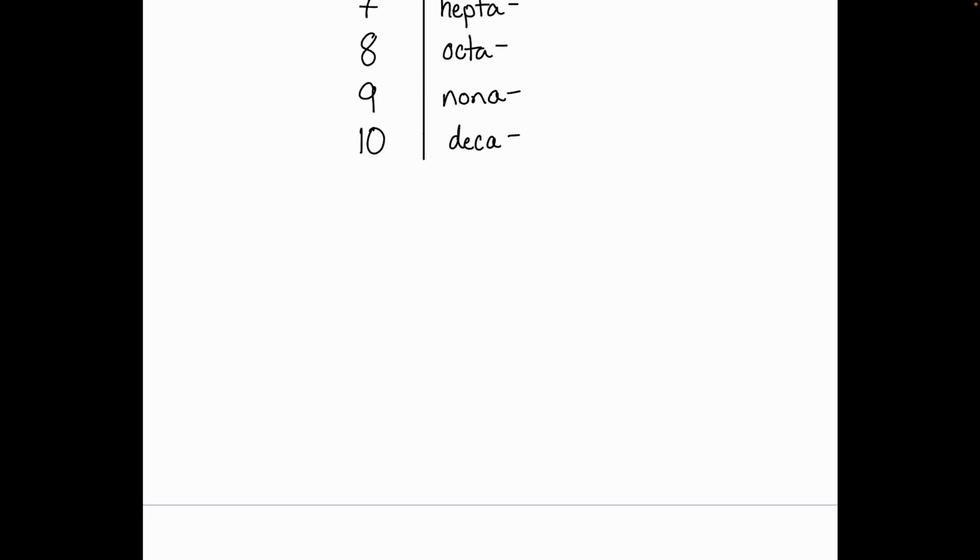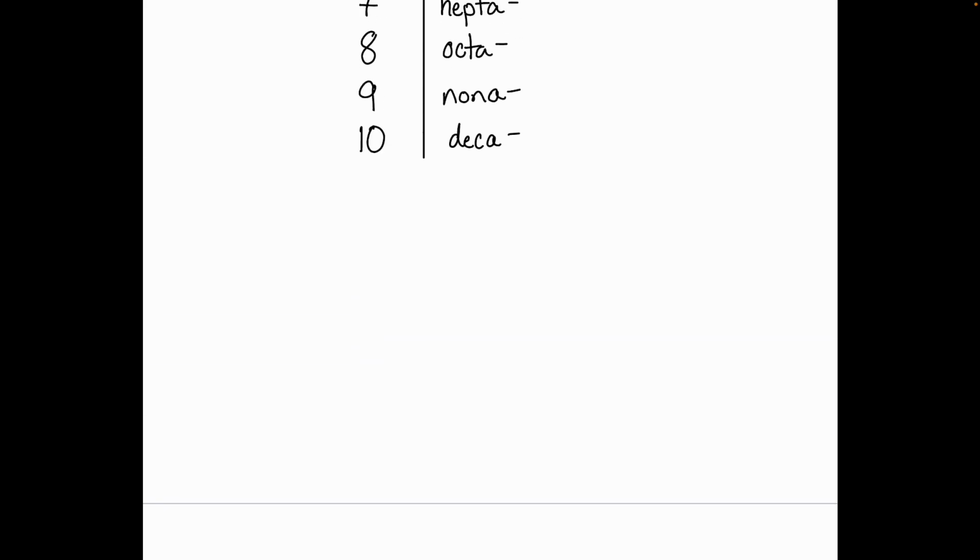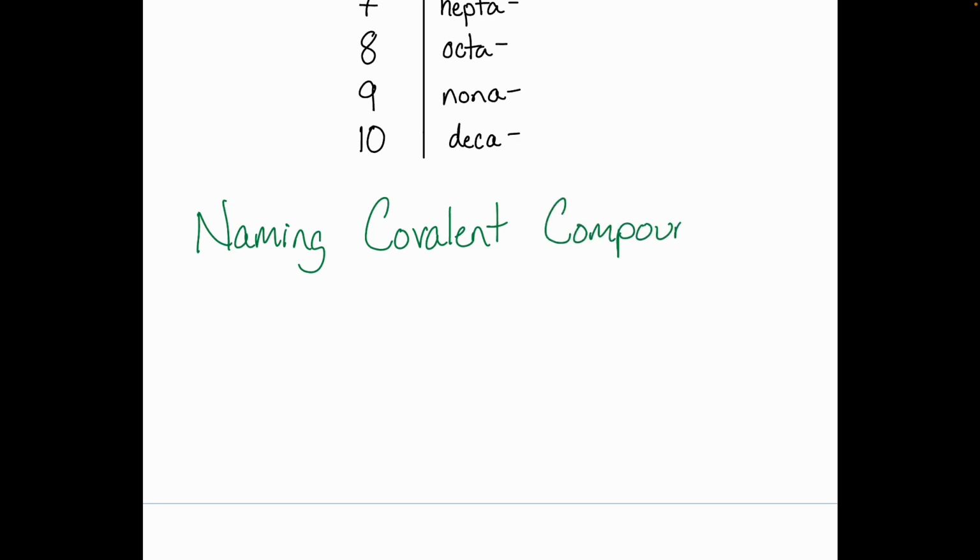And let's just lay down some simple rules for naming our covalent compounds. Fortunately, this is way easier than naming an ionic compound.